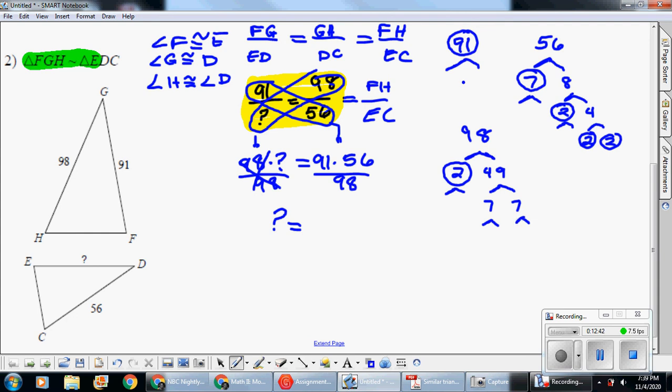Factors of 7, cannot use 1 or 7, so that's prime. Now instead of 91, the factors of 91 stay the same. Factors of 56 will be 7, 2, 2, 2. Remember, put them in order, so the small numbers first: 2, 2, 2, and then 7. Factors of 98 will be 2 times 7 times 7.